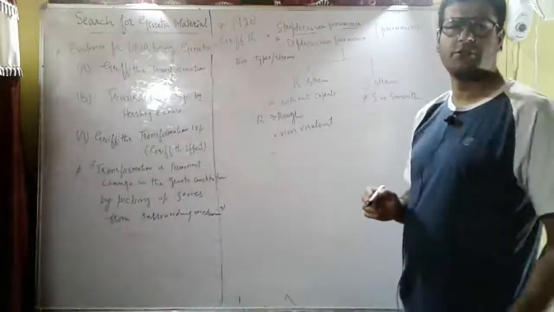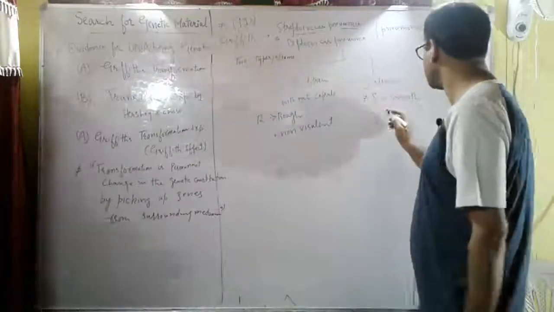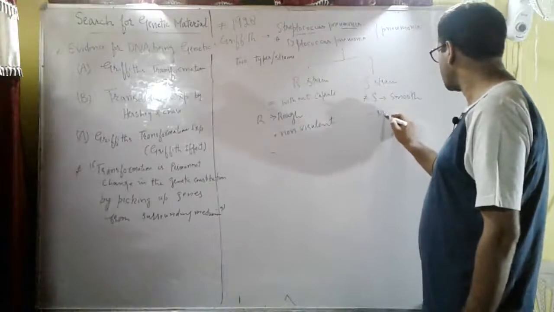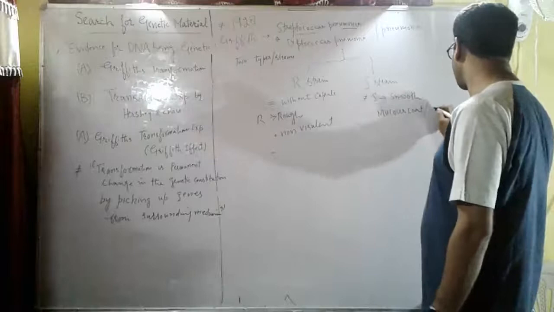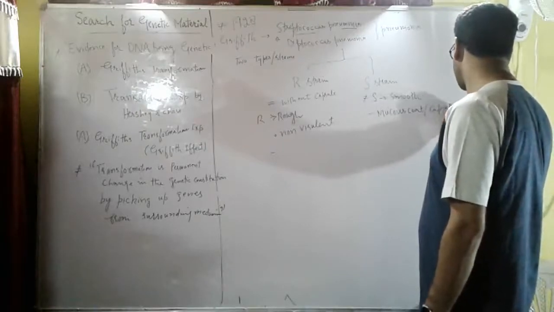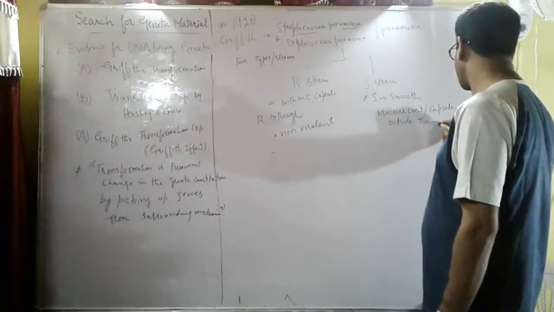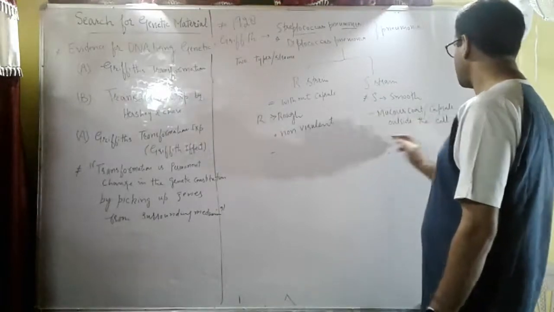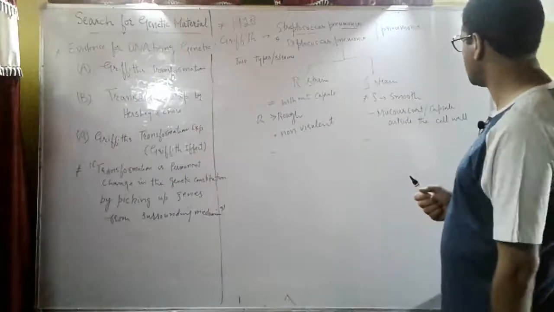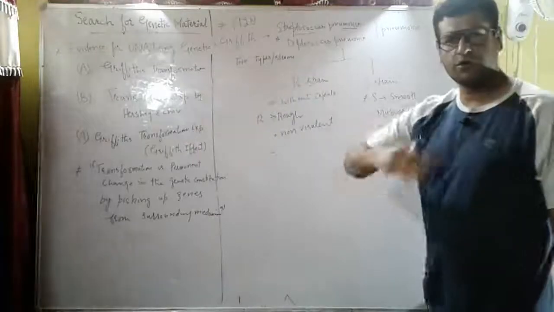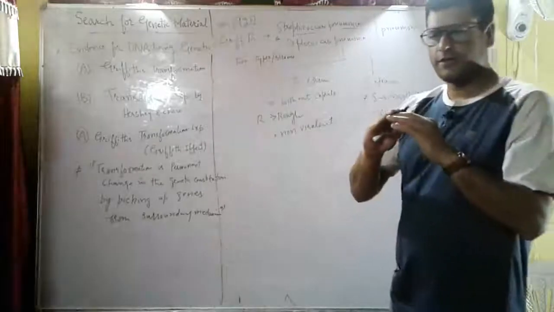The S strain has a mucus coat or capsule outside the cell wall. Because of the presence of the mucus coat or capsule outside the cell wall, the surface of this strain of bacterium is smooth.